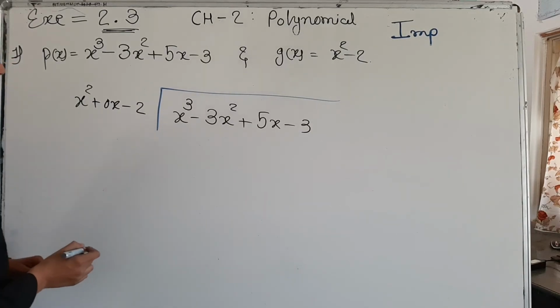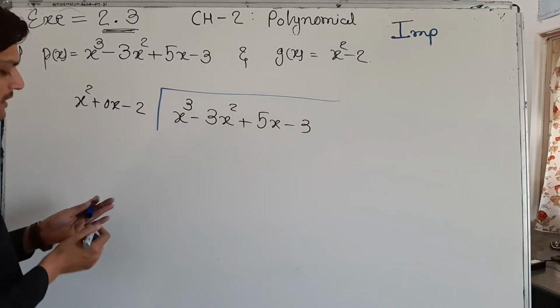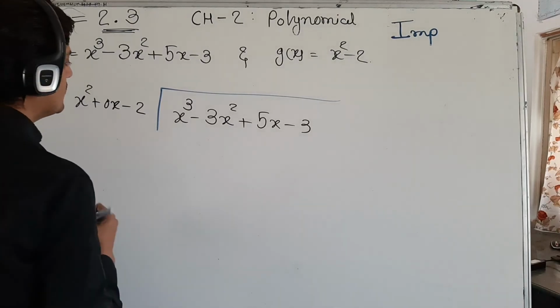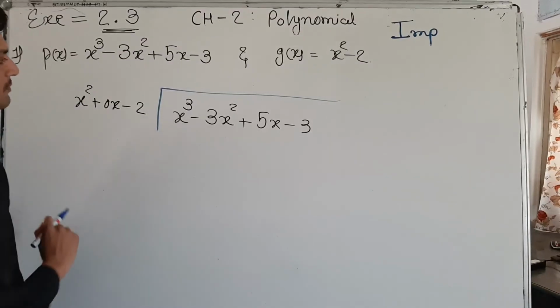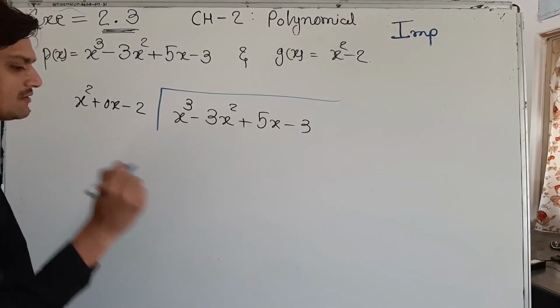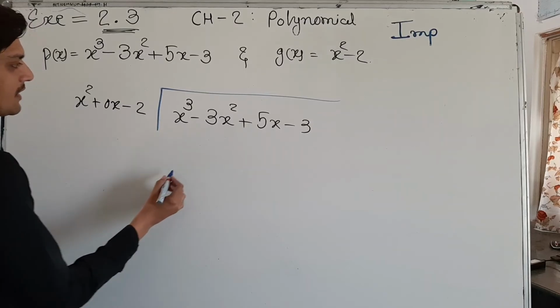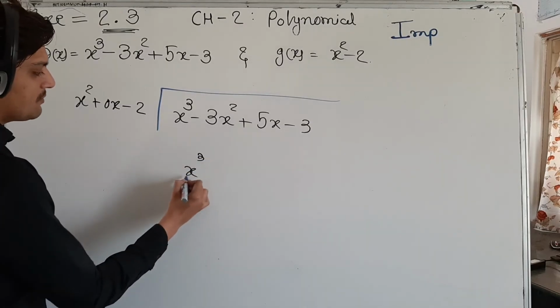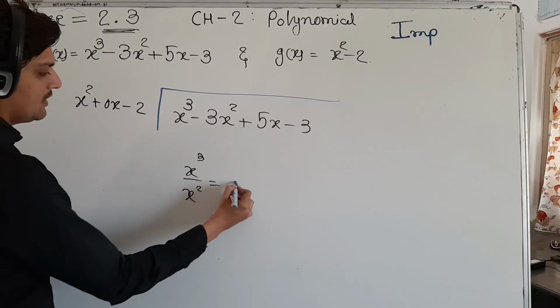Now, like the previous questions we saw last year, here is 3 power and here is 2 power, so we have to multiply by 1 power. 3 power upon 2 power, so what will remain? x.